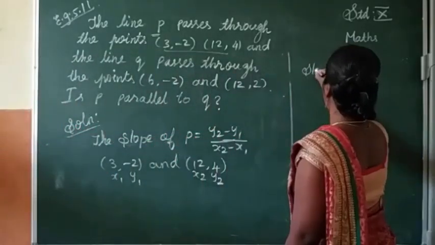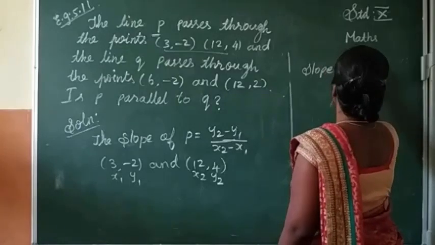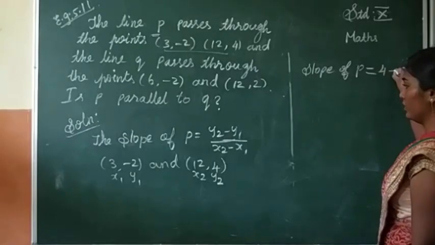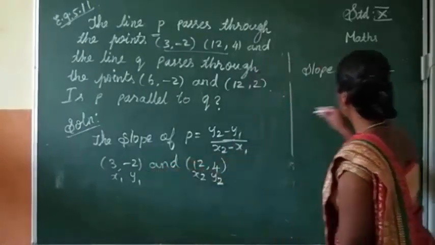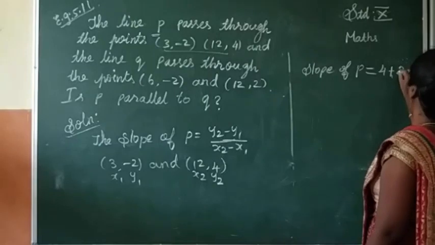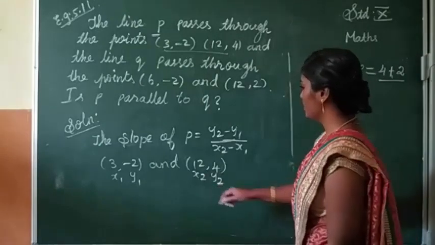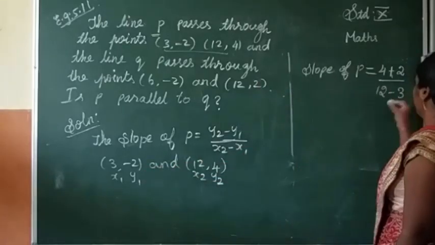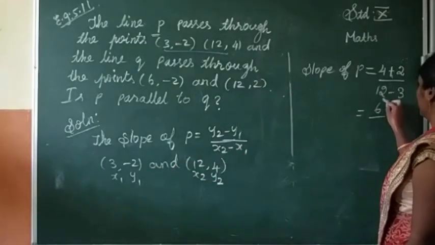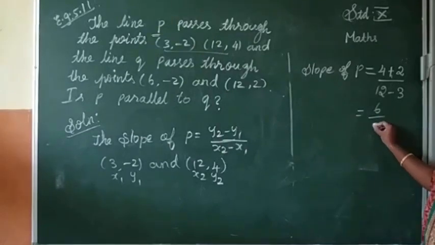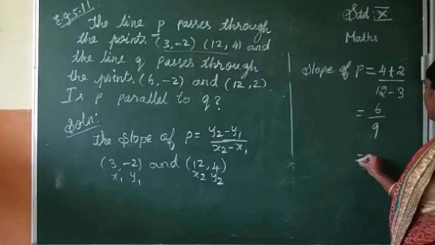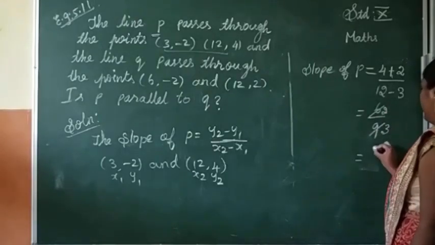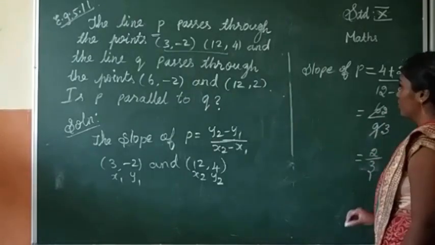Then slope of P is equal to, substitute the values: y2 value is 4 minus y1 value minus 2, minus into minus is plus, then we will get 2. Then x2 value 12 minus the x1 value 3. Then 4 plus 2 we get 6, and 12 minus 3 we get the answer 9. Shall we cancel these two numbers? 3 twos are 6, 3 threes are 9. Final value we get 2 by 3.